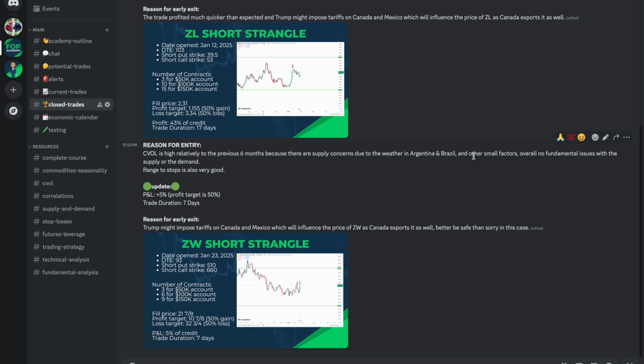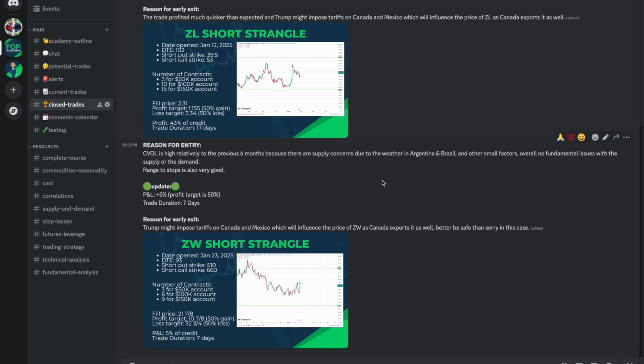But again, these are small factors, and there's no fundamental issues with the supply and demand chain. And also, there was some rain forecasted in Argentina in the coming weeks. So this is just fake panic, basically.